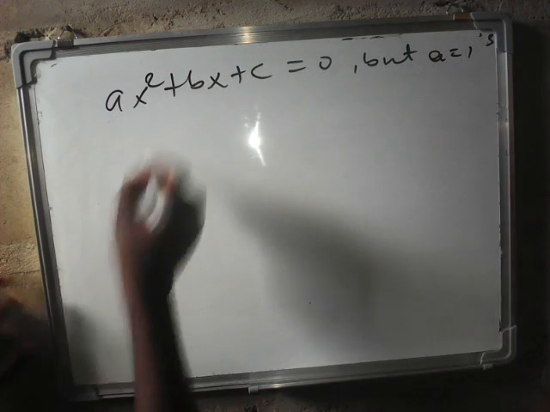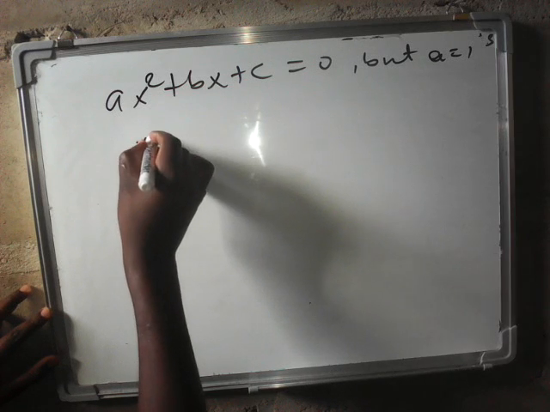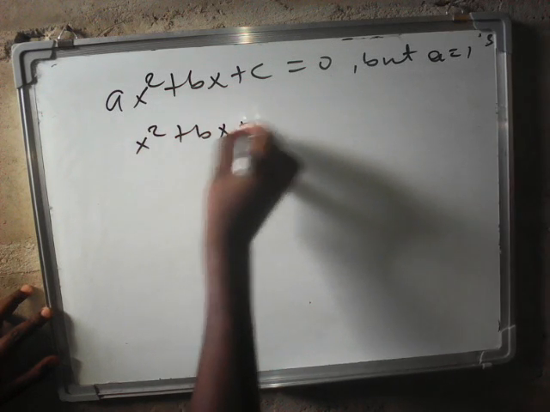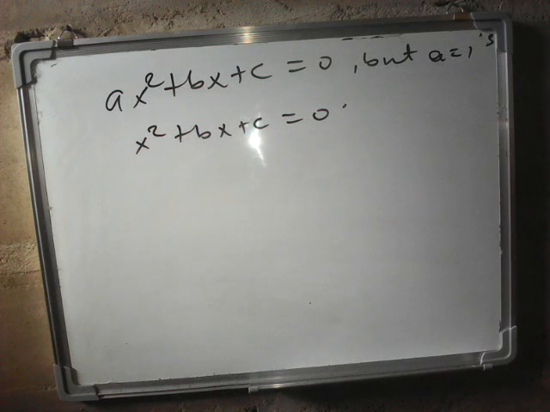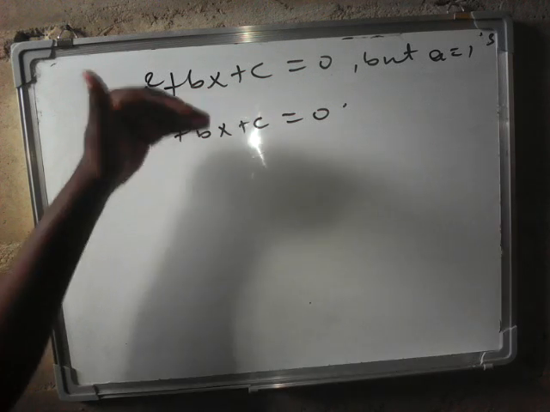In fact, we can even write it in this form, x squared plus bx plus c is equal to 0. So now, we shall look at examples of this kind.